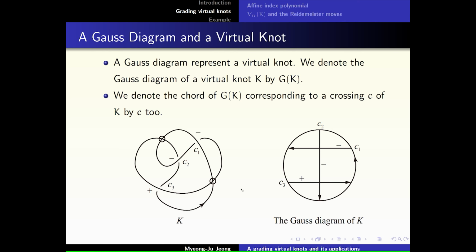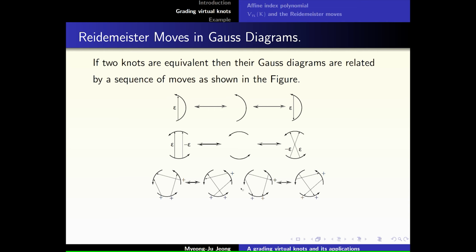So we can study virtual knots as the Gauss diagram of a knot. And to study this, it is necessary to analyze the Reidemeister moves. If we represent the Reidemeister moves and virtual isotopy in virtual knot diagrams, we can represent them as Gauss diagrams as shown in this figure.